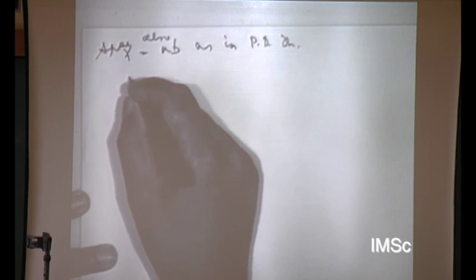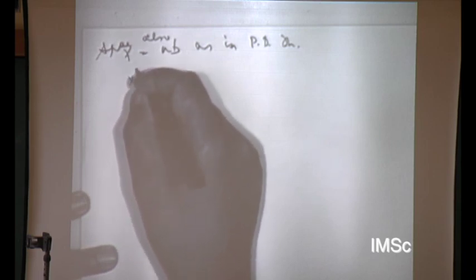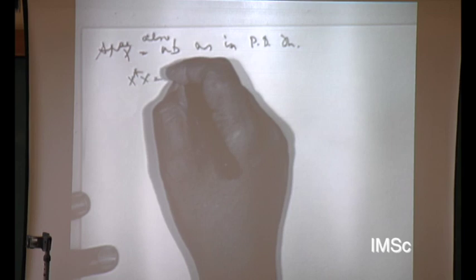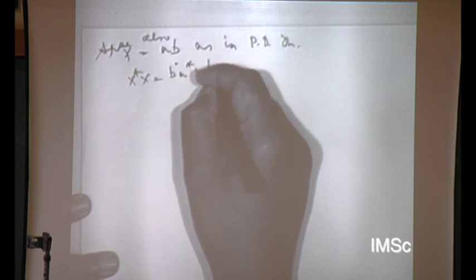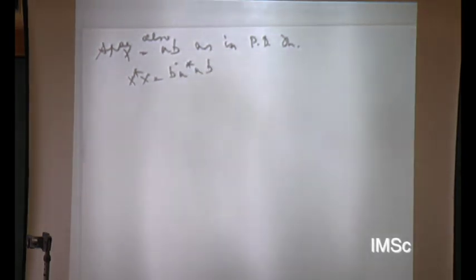But then I say x star x will be b star u star u b, or b is equal to b star, because b is positive and hence self-adjoint. But what is u star u? U is the partial isometry.